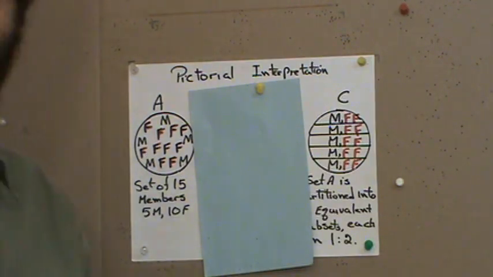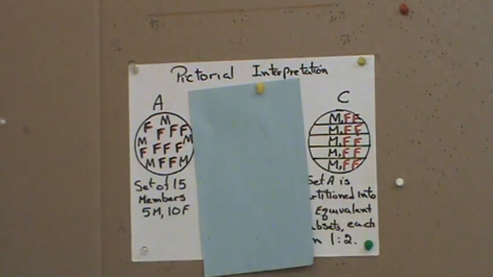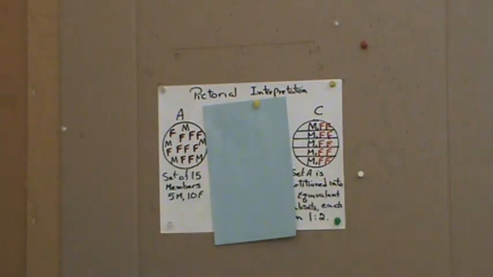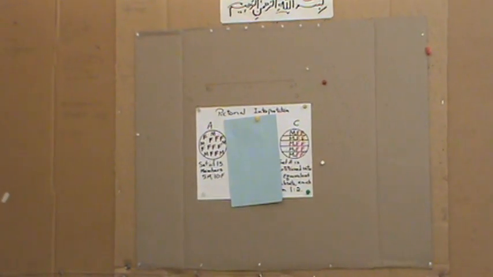Let me say a few words about the concept of set, if I may. Set and subset in mathematics have their own meaning. A set is a well-defined collection of objects. As a matter of fact, set is among the undefined terms.